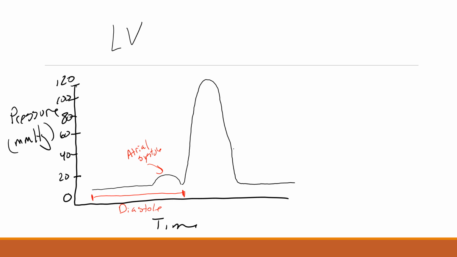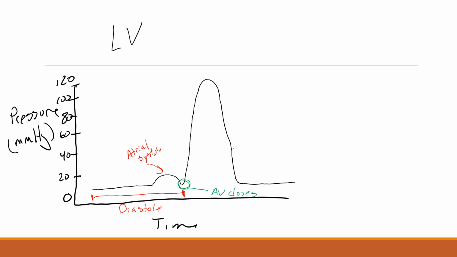And then at this point, I'm going to circle this point right here with the green. That's when the pressure starts to rise. That's when we enter into ventricular systole. So as the pressure begins to rise, that point that I just circled, that's when the AV valve, or more specifically for the left side, the mitral valve, closes.